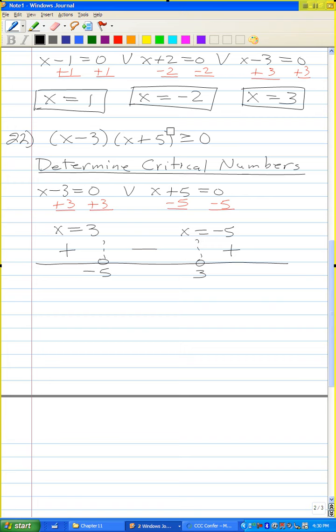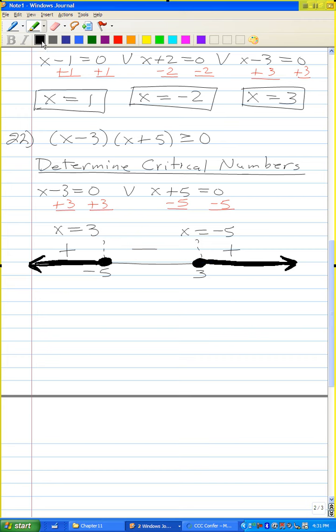Since we want this left-hand side to be greater than or equal to 0, then the left-hand side must be non-negative. And so I'll fill in where it says plus, greater than 0. And we want it to be greater than or equal to 0, so it could also equal 0, therefore I'll fill in both of these critical numbers.